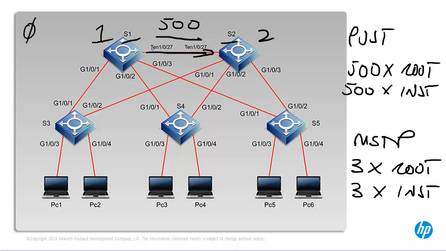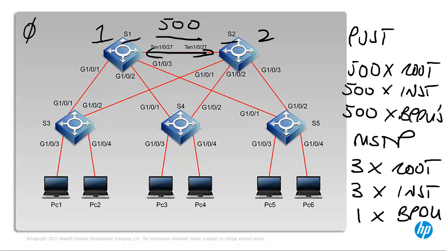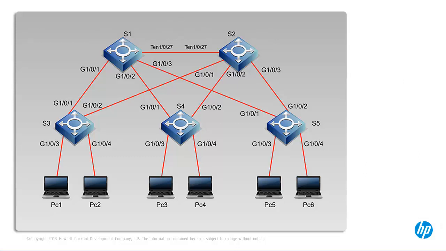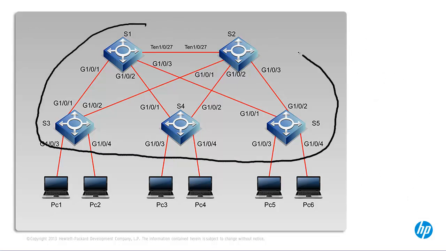On the link between the 2 core switches, PVST would send 500 BPDUs. Multiple spanning tree only sends 1 BPDU. So there are huge advantages to running multiple spanning tree in comparison to PVST. When configuring multiple spanning tree, you want to configure all of these devices to be in the same region.